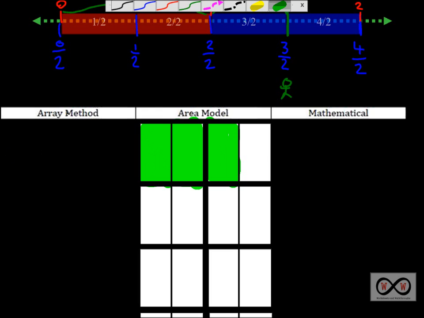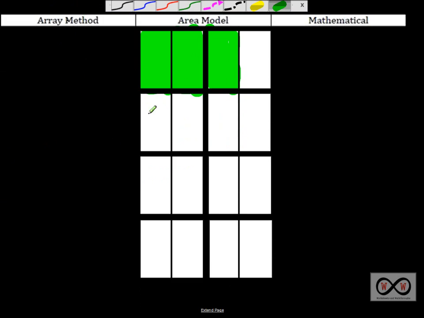And I'm going to continue this all the way down, because we're building equivalent fractions. Fractions equivalent to 3 halves, or 1 and 1/2. If you're dealing with a mixed number, 1 and 1/2 would be the same as 3 halves. We've kind of proved that up above on the number line.